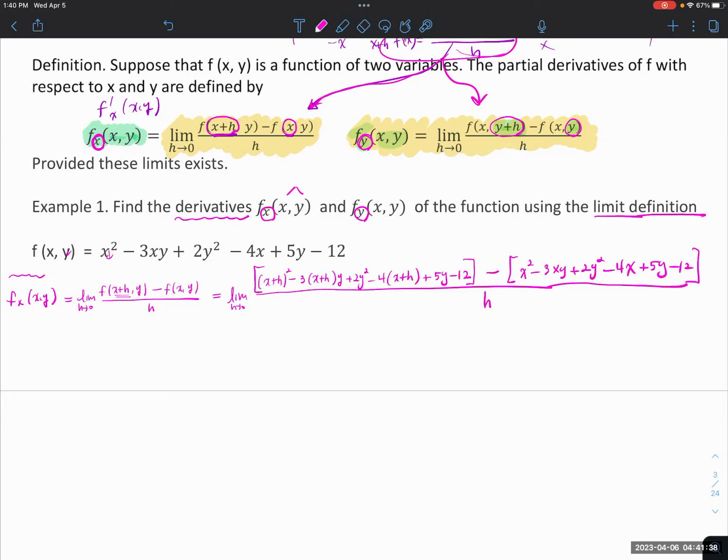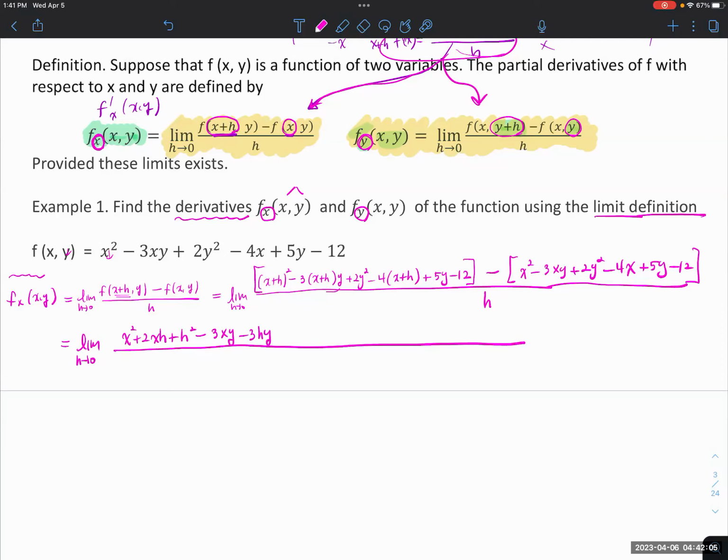So let me simplify as much as we can. That is equal to the limit, and I'm going to expand every term. So x squared, plus 2xh, plus h squared, minus 3xy, because of the distributive property, actually negative 3hy. Are you following?